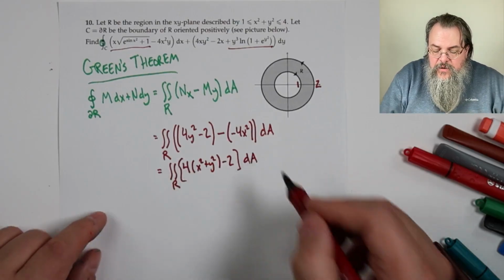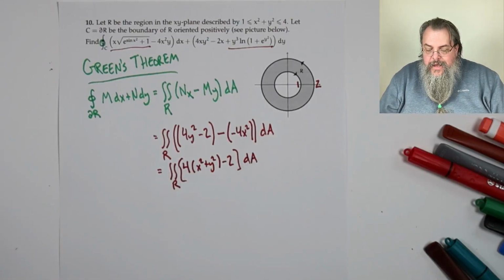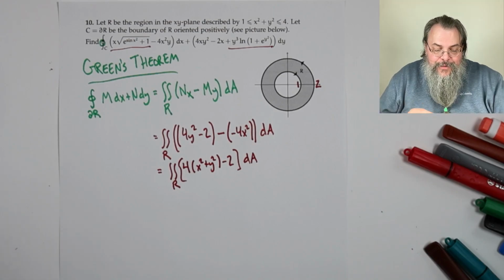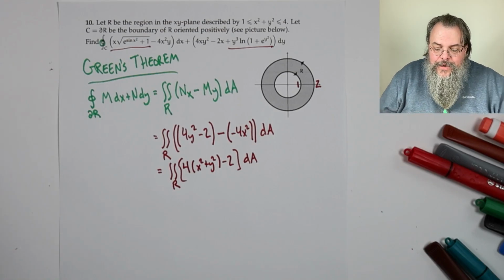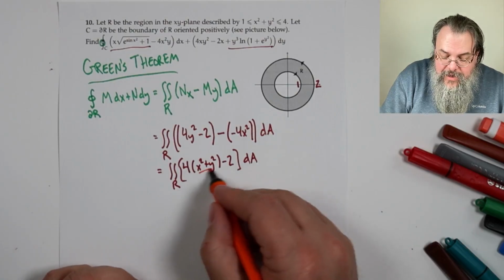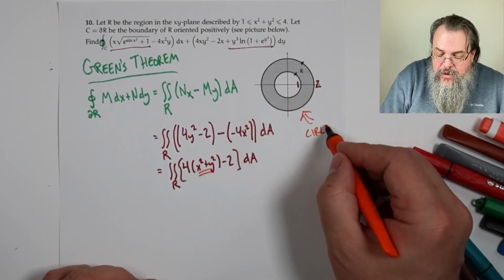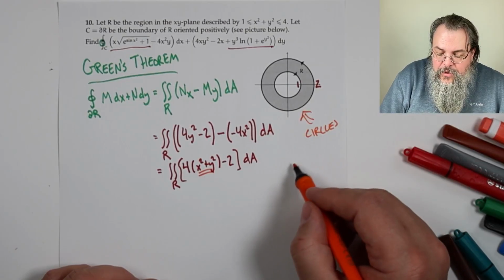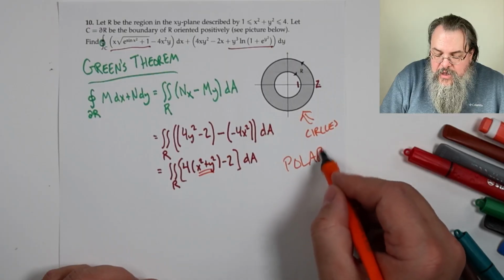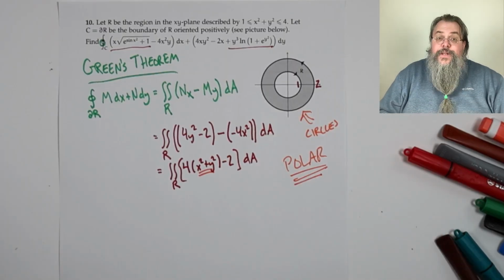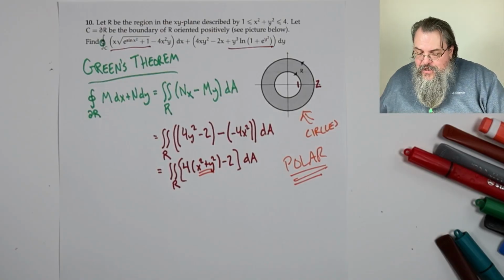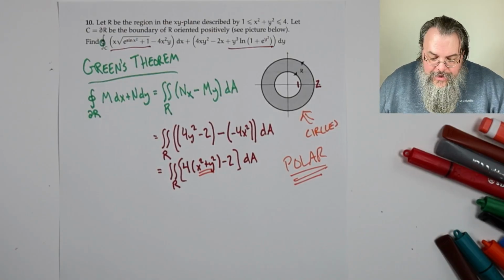Okay, but we still have to do this. And we say, hey, there's some clues on how to finish up. What are some clues? We see x squared plus y squared. We see circles. And between those two clues, that tells us we better think polar. So to finish up, switch to polar coordinates.